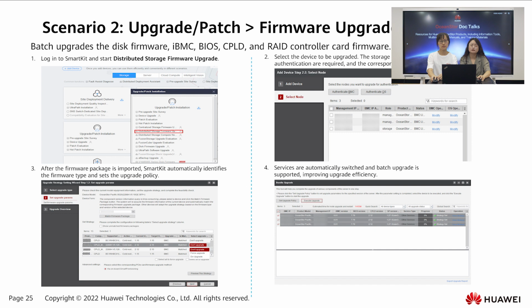During the upgrade, the tool concurrently upgrades nodes in multiple batches based on the storage services scenario to ensure optimal efficiency. Services on the nodes to be upgraded are automatically switched over to other nodes. After the upgrade is successful, the services are automatically switched back to the nodes to improve switchover efficiency.